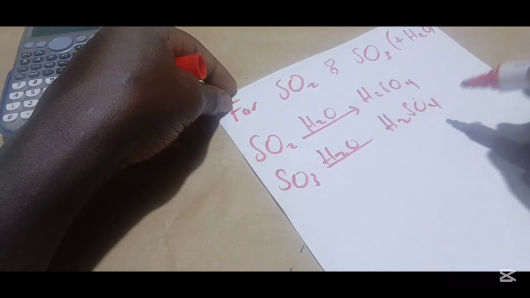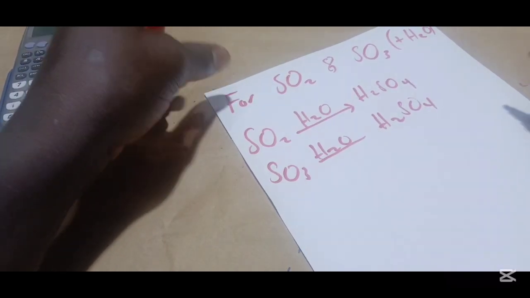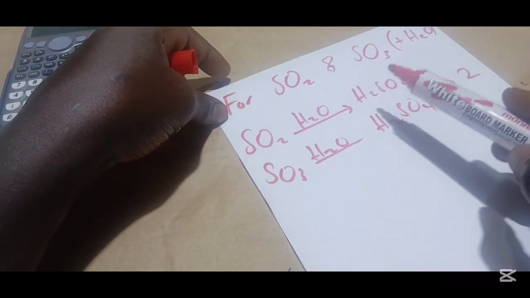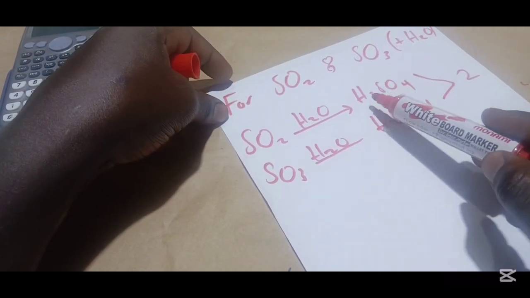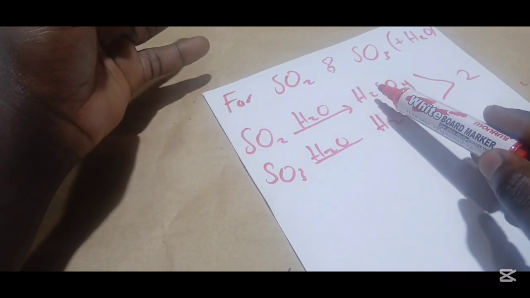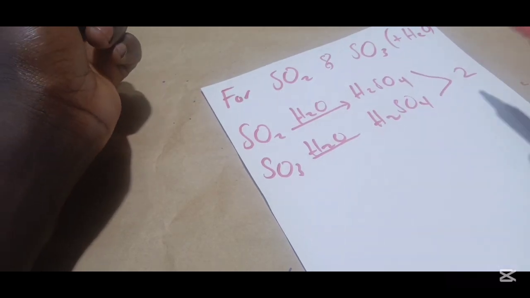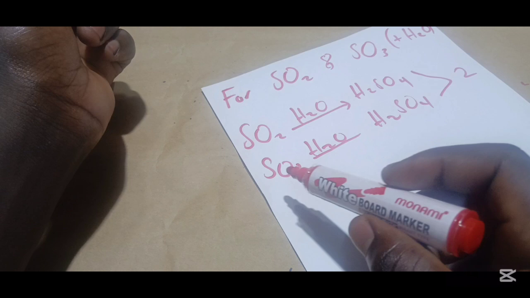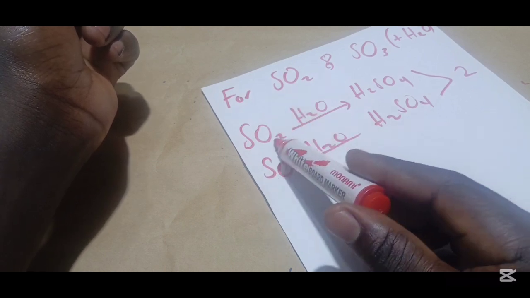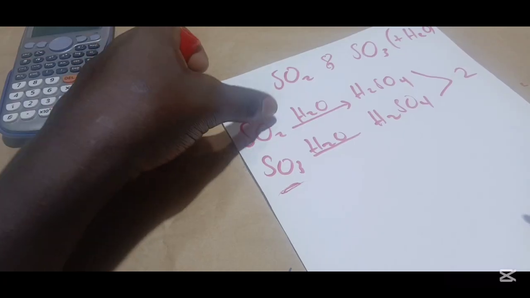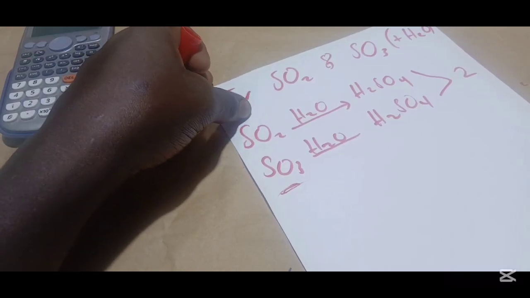H2SO4. So in all, we know that the N factor right here is 2. Why? This is an acid, right? So the N factor will be coming from the number of hydrogen ions that the compound can donate per molecule. So our N factor here is 2. So all we have to do is calculate the molecular weight of this and of that. The molecular weight for SO2 is 64, right?